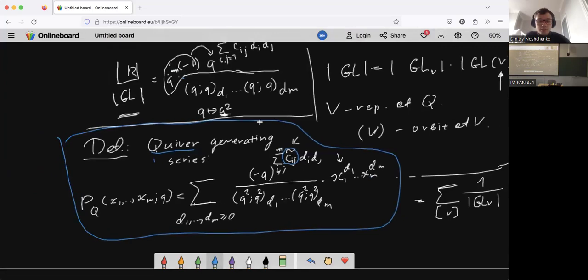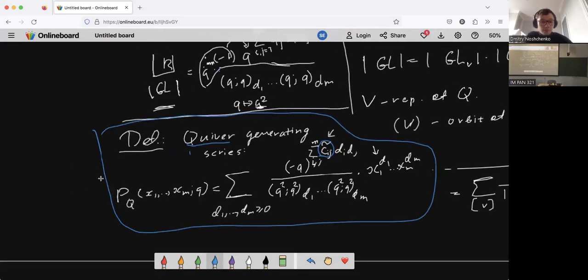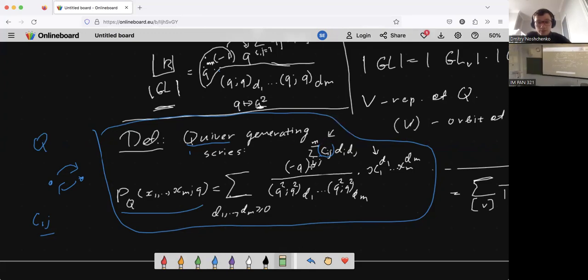We simply say that if you have a quiver Q with some nodes and arrows, let's write c_ij as the adjacency matrix, and write this object where in the quadratic exponent you have c_ij without tilde, so I will erase the tilde. From now on, let's think about this correspondence between quivers and generating series.